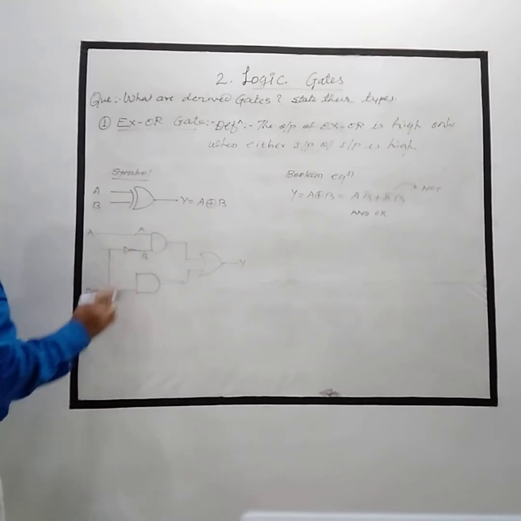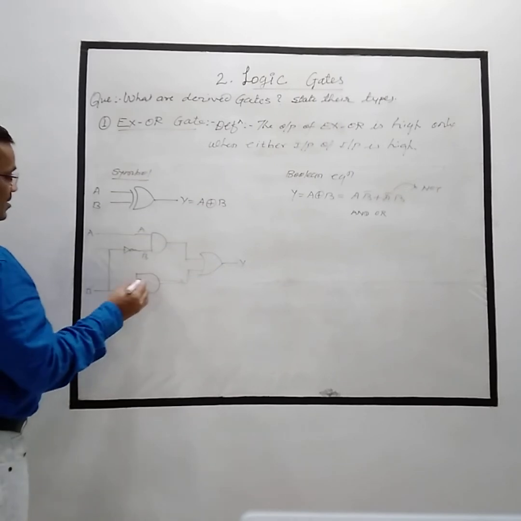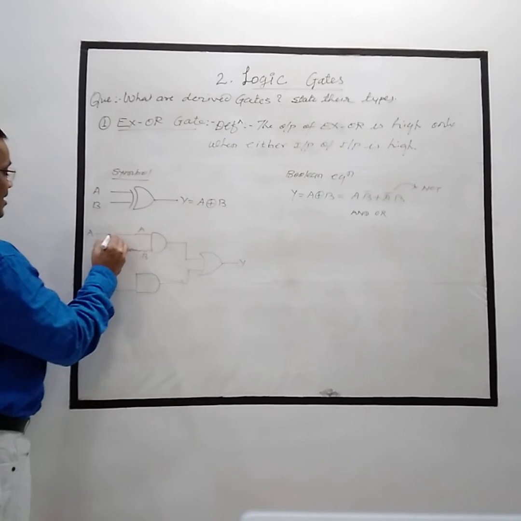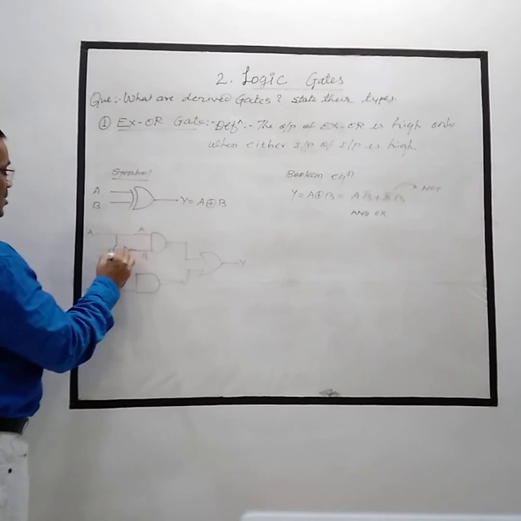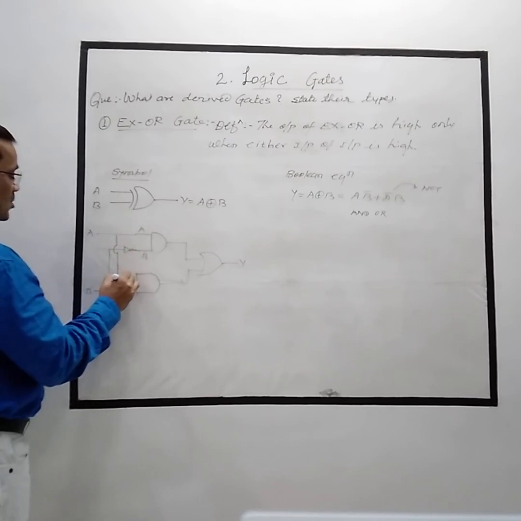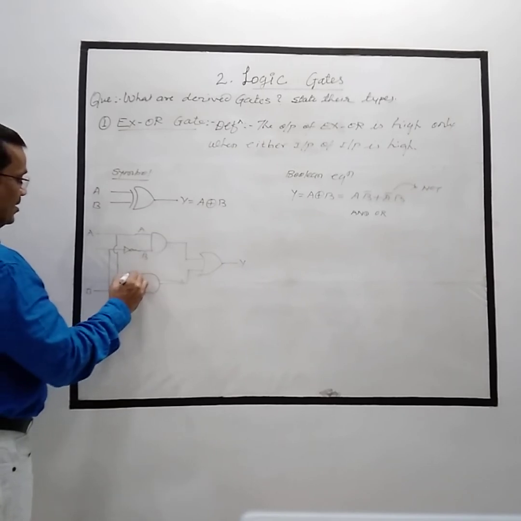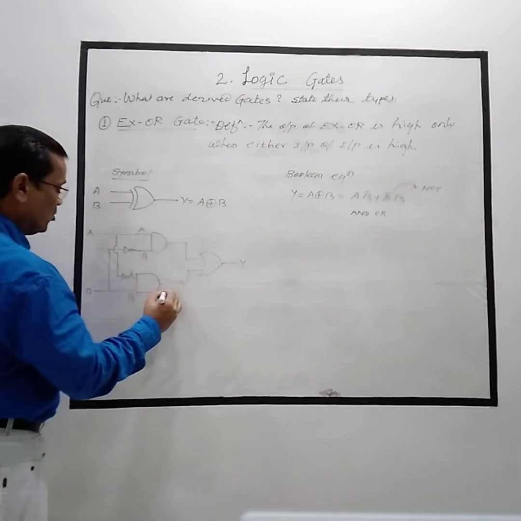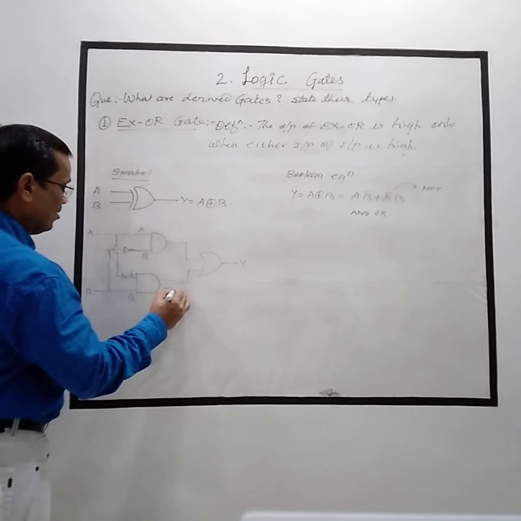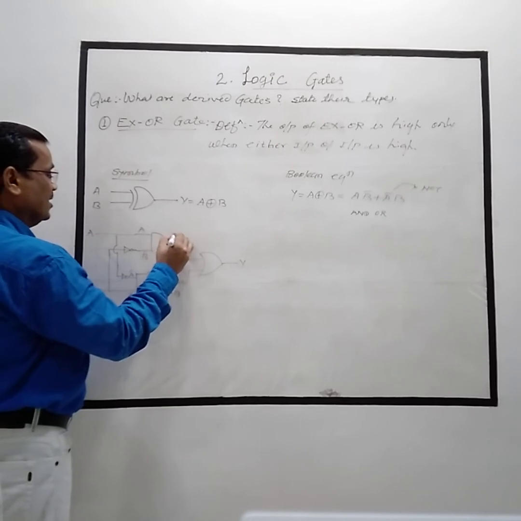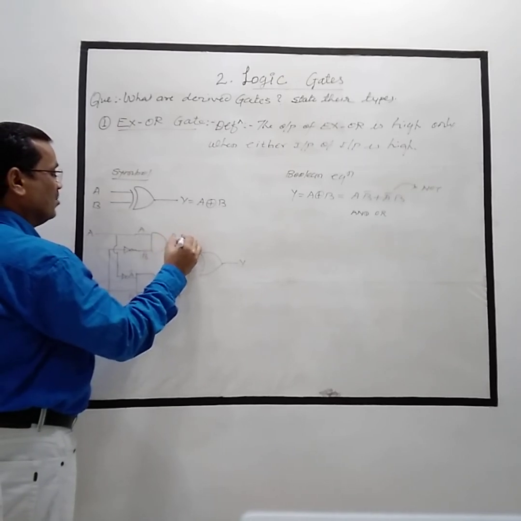Now the second AND gate has B, A bar. So use a NOT gate here. It is B and here it is A bar. So its output is A bar dot B. The output of the first AND gate is A dot B bar.